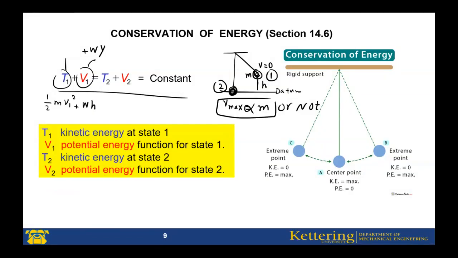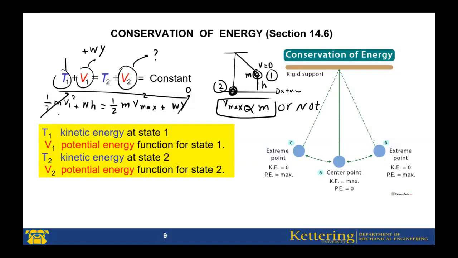Just here, y is h, equal to 1 over 2 m v maximum squared plus W y. How much is the potential energy at state 2? 0. Because y is 0.